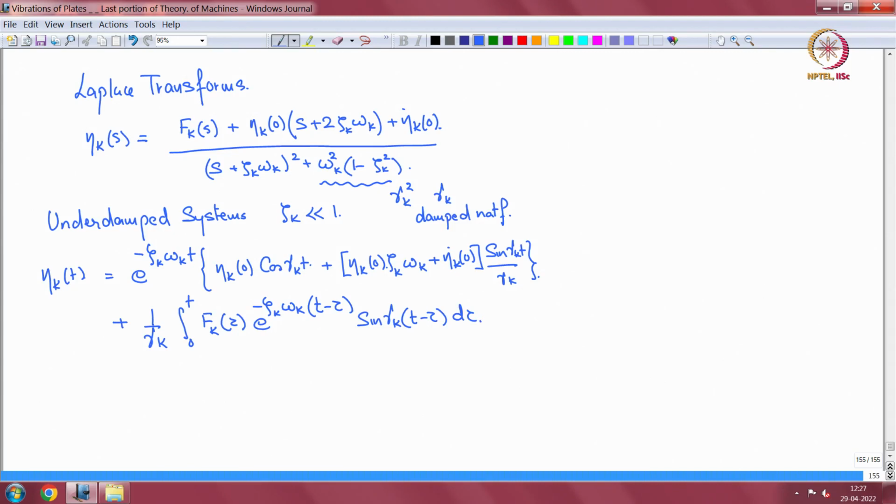So this is the solution. Then we can have any u i of alpha 1, alpha 2, t as summation over k of eta k of t u i k of alpha 1, alpha 2, which is the total answer.